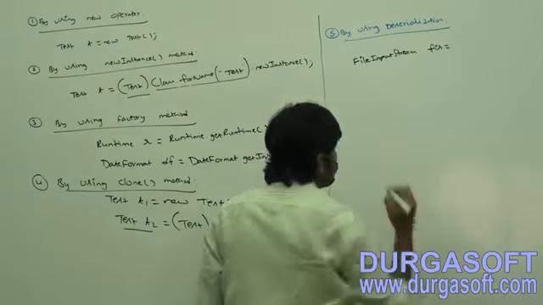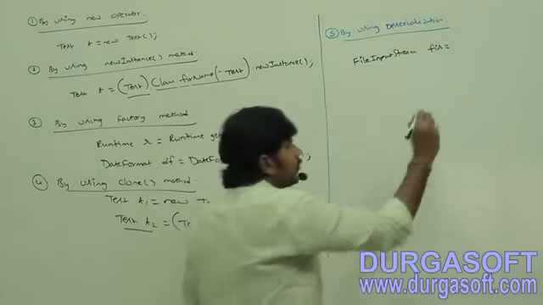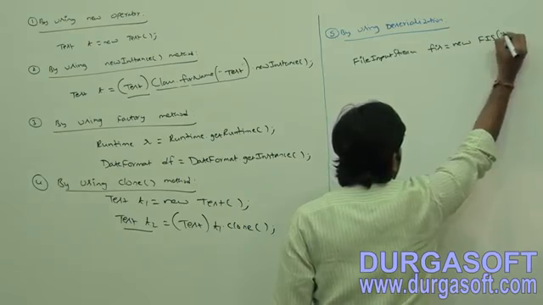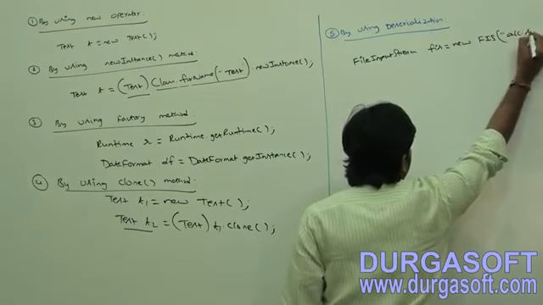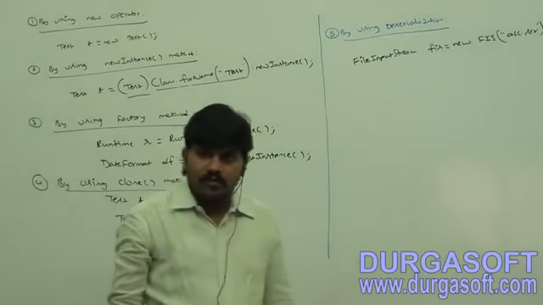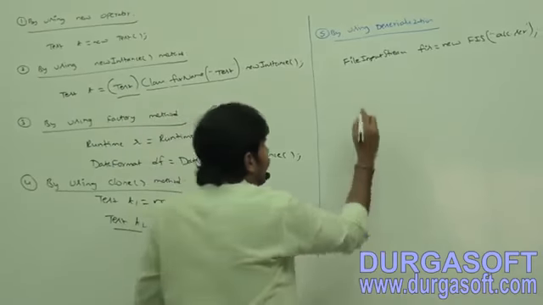FIS is equal to new file input stream of abc.ser. File input stream FIS, new file input stream of abc.ser.